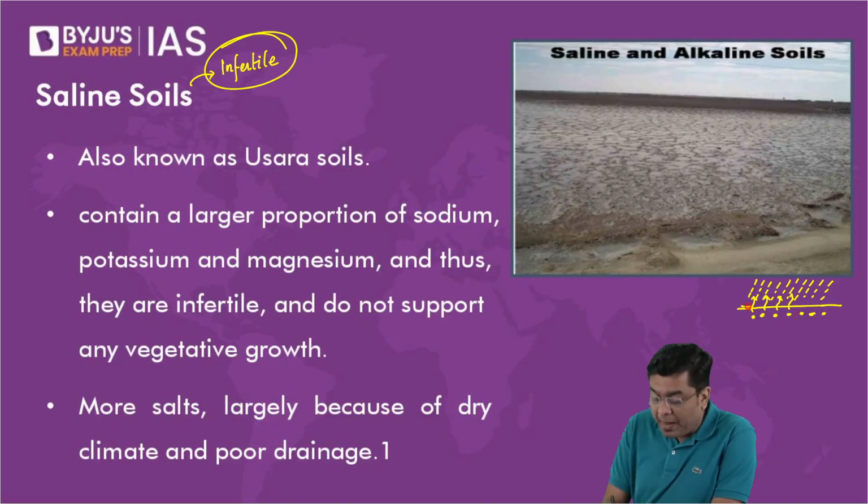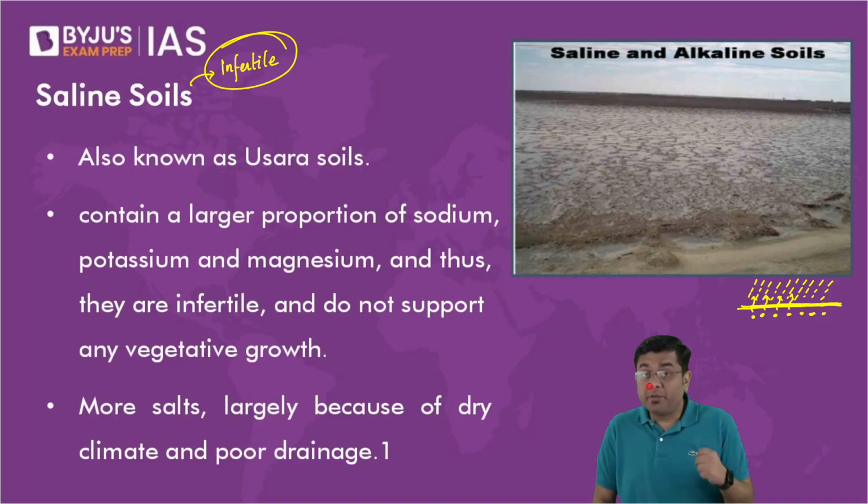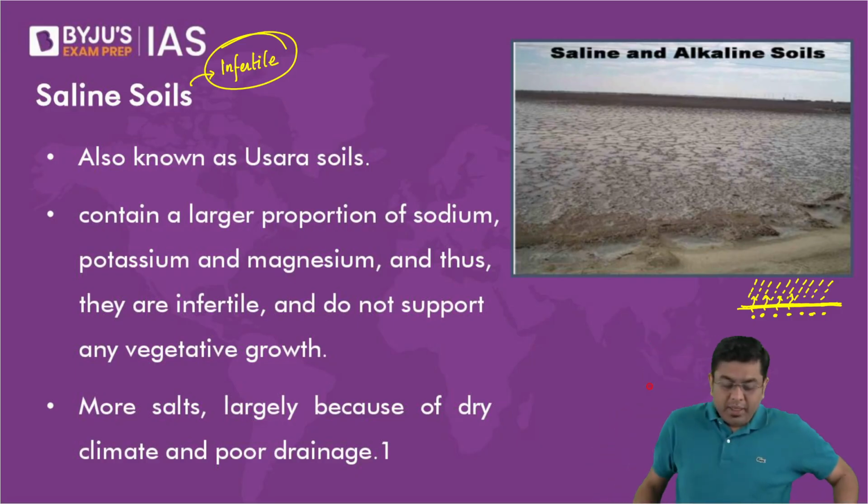The salt particles, which have been brought up, will get deposited on the top surface. So that whitish layer on the top surface will be created. That will become very, very hard. That is where the soil becomes substantially harder, isn't it? It contains a large proportion of salts such as sodium, potassium, and magnesium, and thus is infertile.